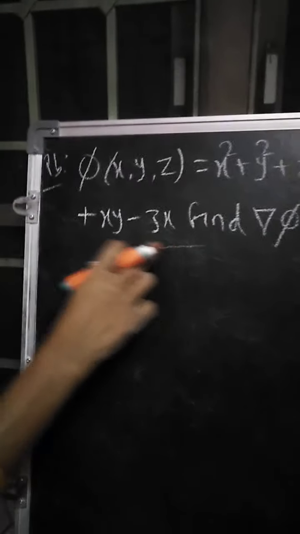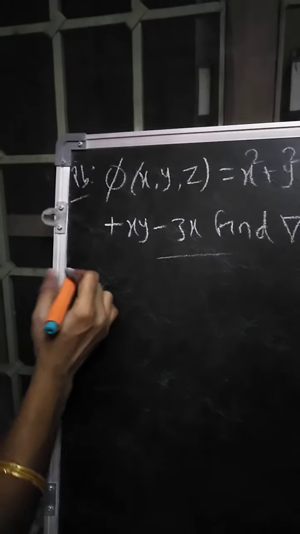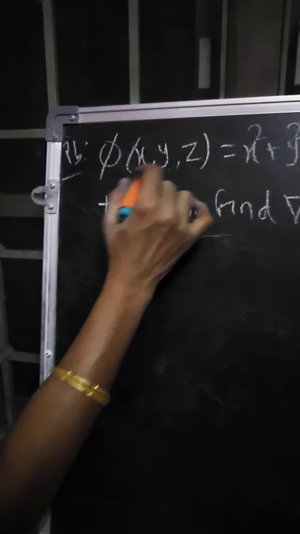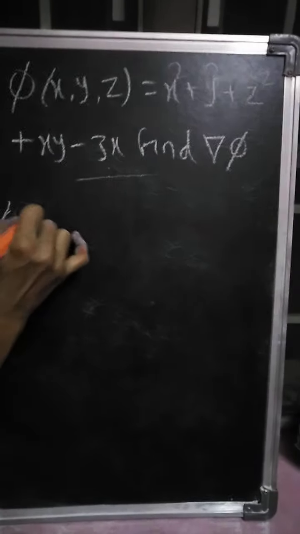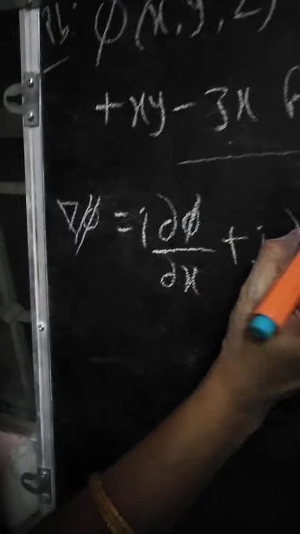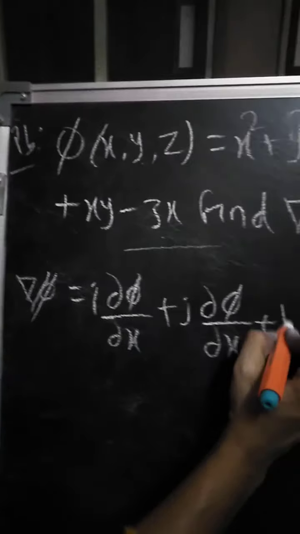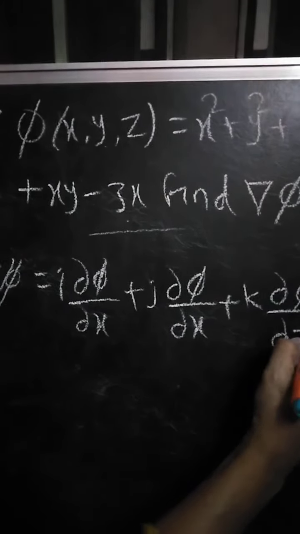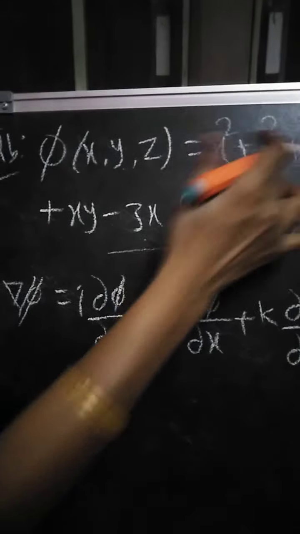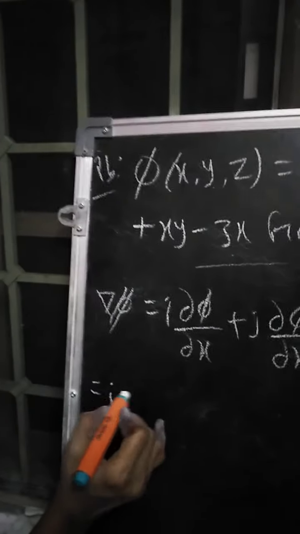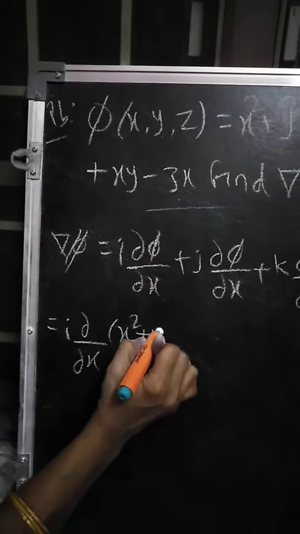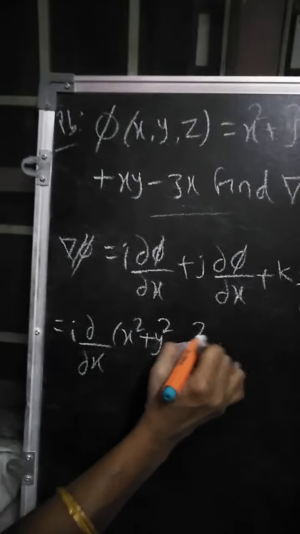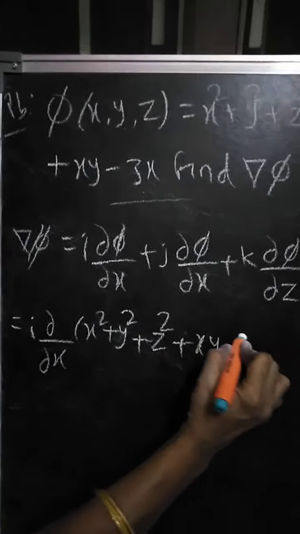Okay. Here, find grad phi. Grad phi means, given the function phi is equal to x square plus y square plus z square like this, grad phi means i dou phi by dou x plus j dou phi by dou y plus k dou phi by dou z. Here phi is equal to x square plus y square plus z square plus xy minus 3x.